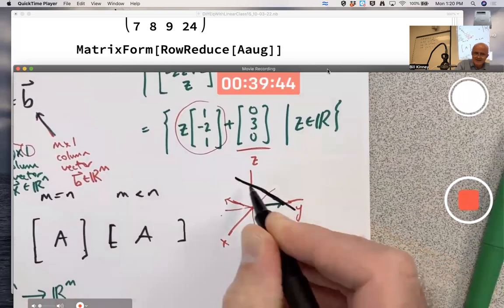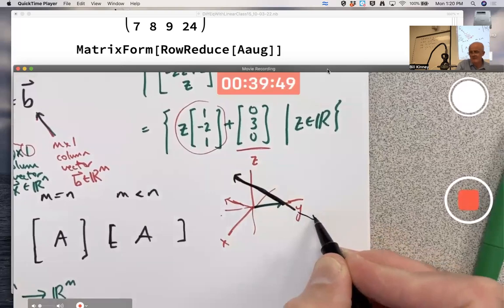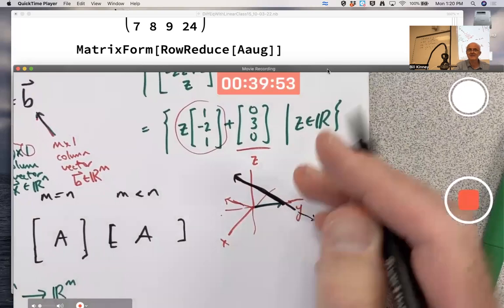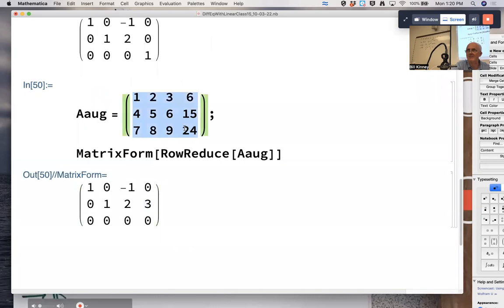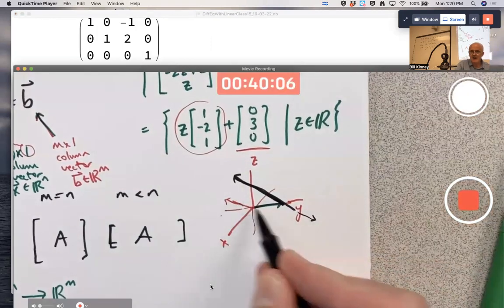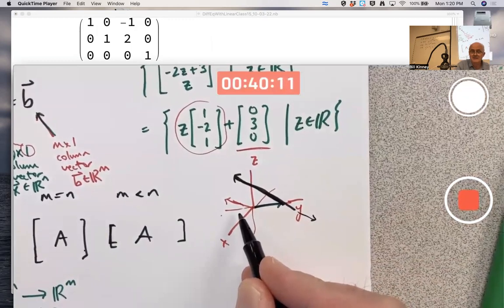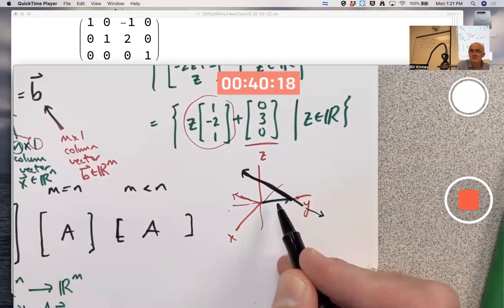That line that's supposed to kind of come out of the screen at you here and go into the screen over here is the solution set of the system of equations corresponding to this augmented matrix. If this line were parallel but going through the origin, that would be the kernel of A. But because the system's non-homogeneous, it's got to get translated, so to speak, and not go through the origin. It's no longer a kernel, but it's still a solution set.